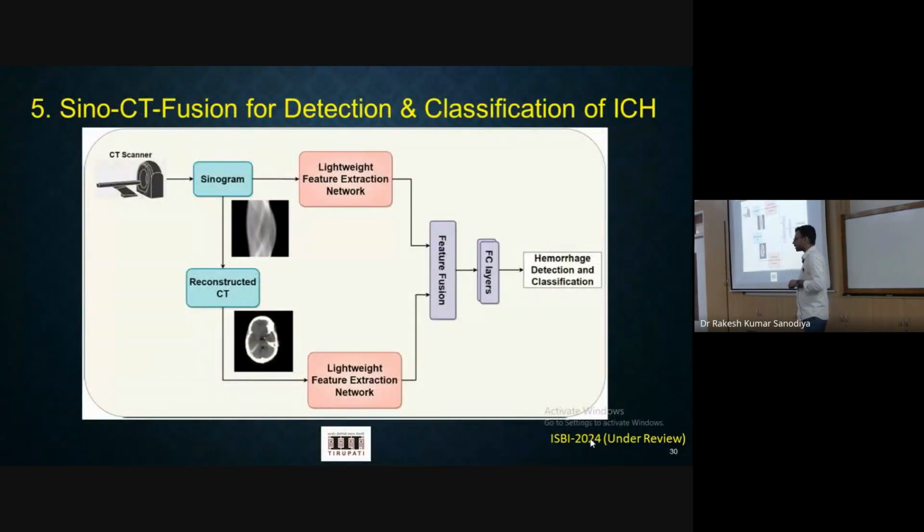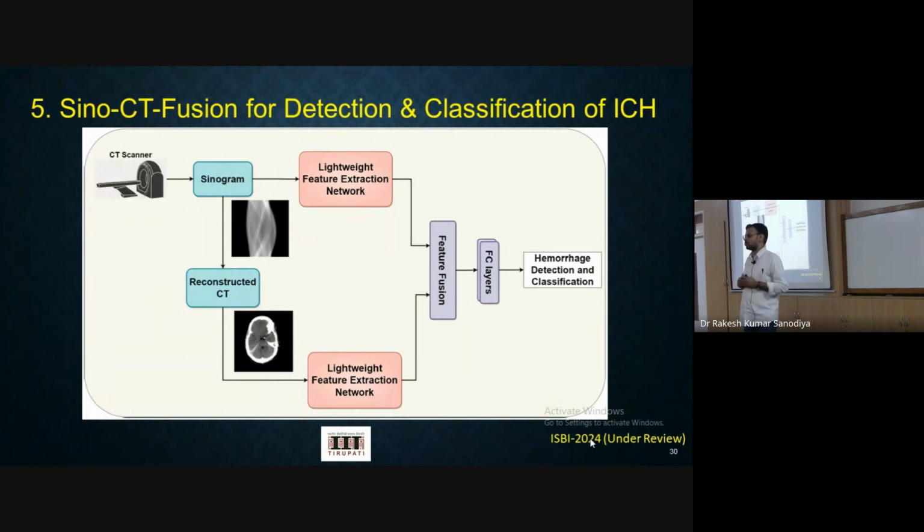And this is another work currently under review at the International Symposium on Biomedical Imaging. Not all works have to be this fast, but anyway, if I have a sinogram and a CT, although there is a transformation between them, there are quite a lot of applications where I want to do my job with limited computational resources. Also, in medical imaging, one of the key challenges is getting data.